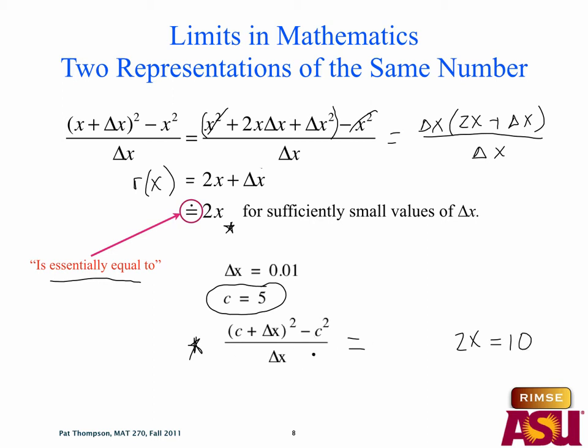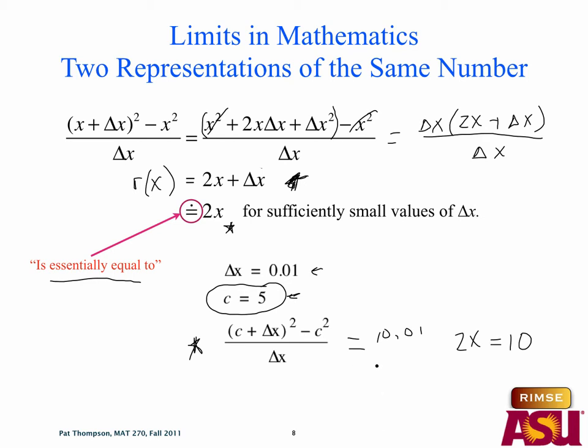This expression, we just did a whole lot of algebra that tells us that it simplifies nicely to 2x plus delta x, right? So I don't even have to work that hard to figure out what this expression is. I just have to plug in 5 and delta x into here, and it'll tell me what that value is. So what do I end up getting? 10.01.